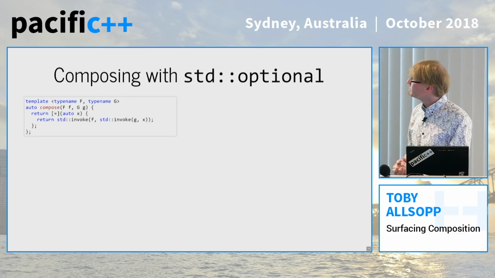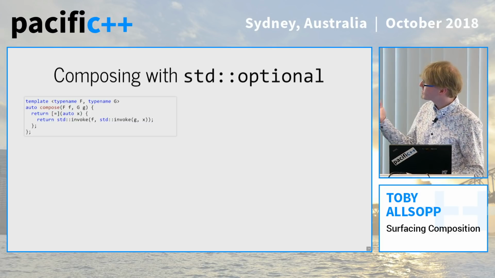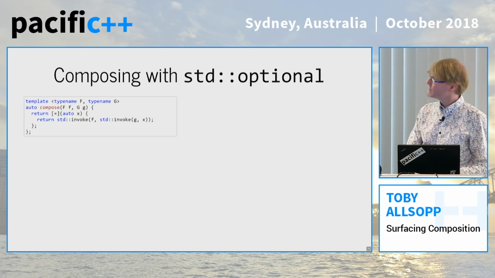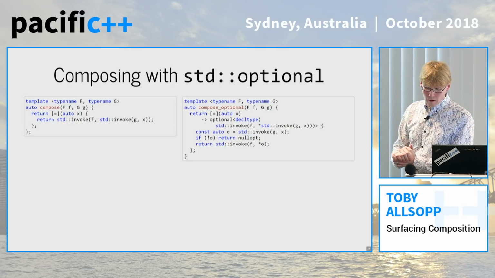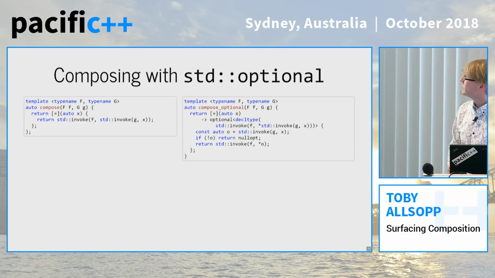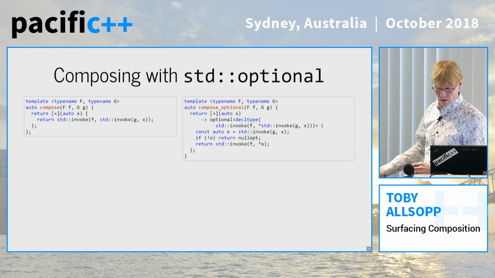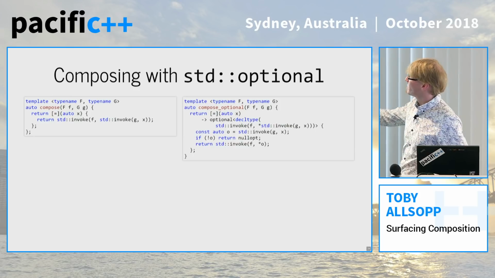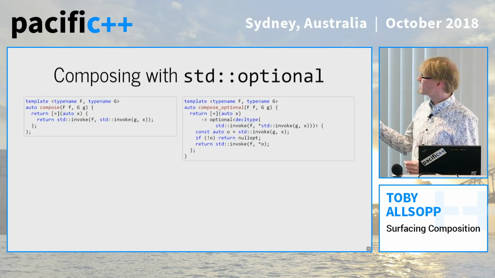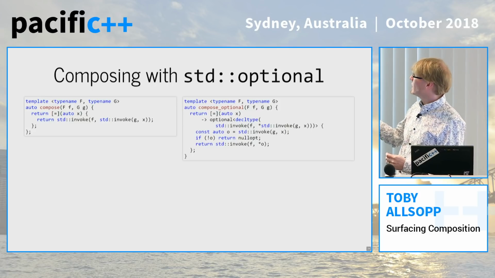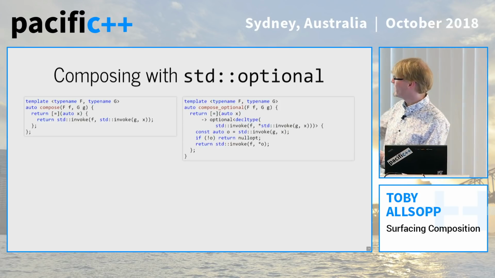So this is our previous compose operation, the higher order function that we had before, and then we can make a compose optional, which is, yeah, there's a mess of code in there, but what it's doing is taking two functions, f and g as before, returning us a new function that takes one parameter x.